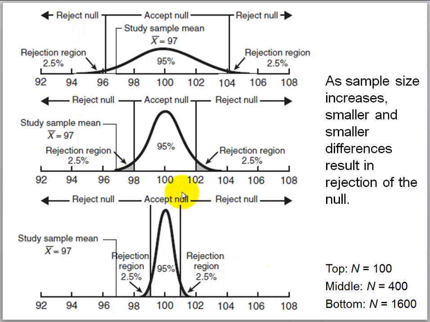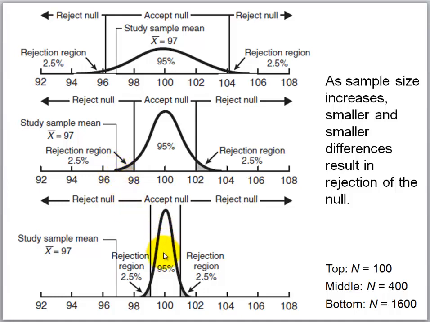So the message is with larger sampling size, we have less sampling error, or stated differently, a narrower sampling distribution. So the same study sample result now is out in the tail of the distribution and rejects the null.